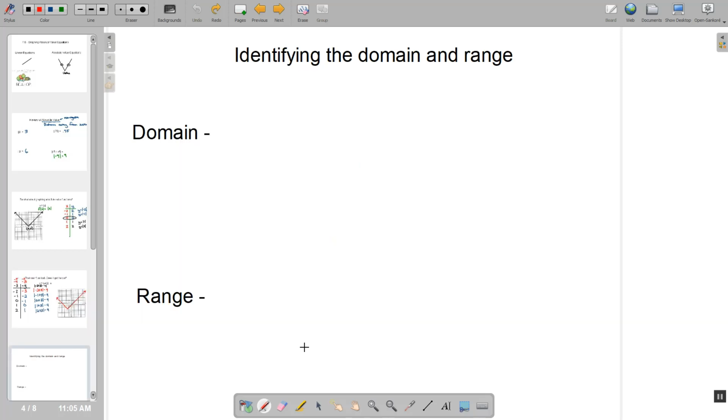Now, there's one thing that I want to do before we finish this video, and that's talk about domain and range. And domain represents all possible x values. Whoops, that is not how you spell values.